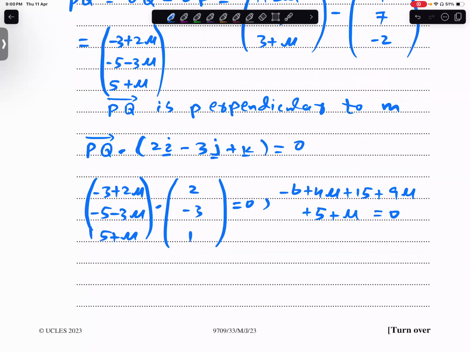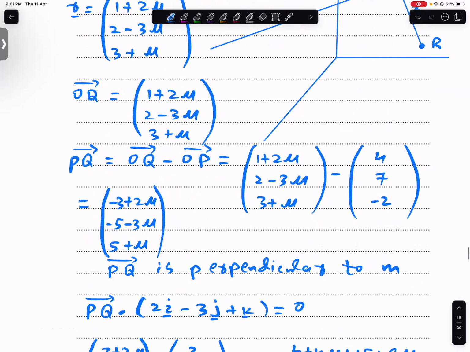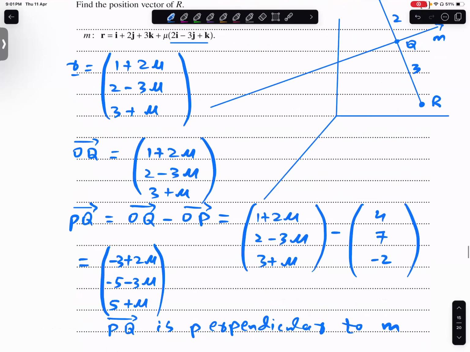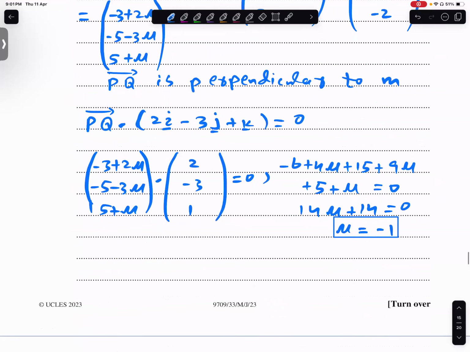Here you have 14 mu, and then minus 6 plus 15 plus 5 will be 14 also. So mu is minus 1. Now students, mu is minus 1 and I have no place to do other steps.